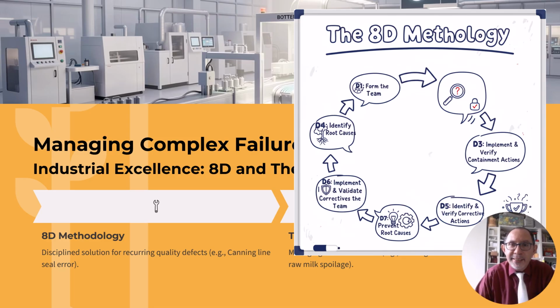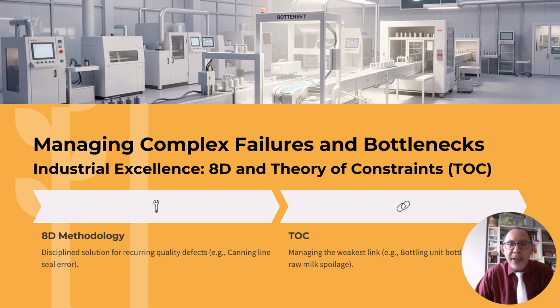Then there is Eliyahu Goldratt's theory of constraints, which is my favorite. Theory of constraints is a management philosophy based on the premise that the success of any system, production line or supply chain, is limited by its weakest link or bottleneck.